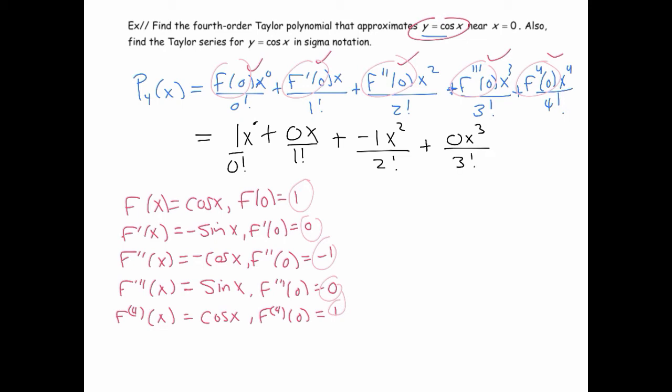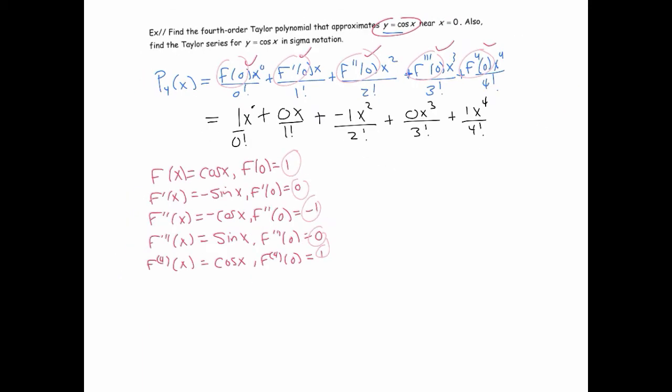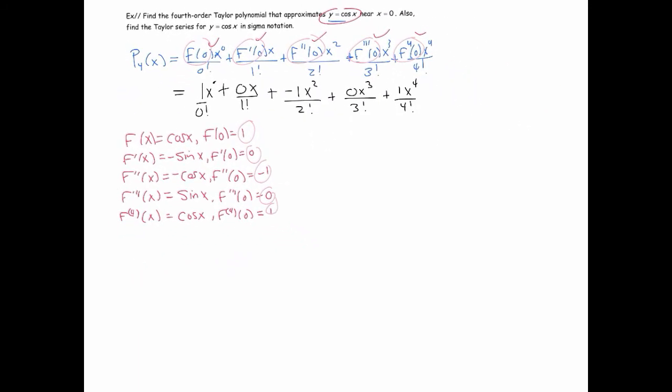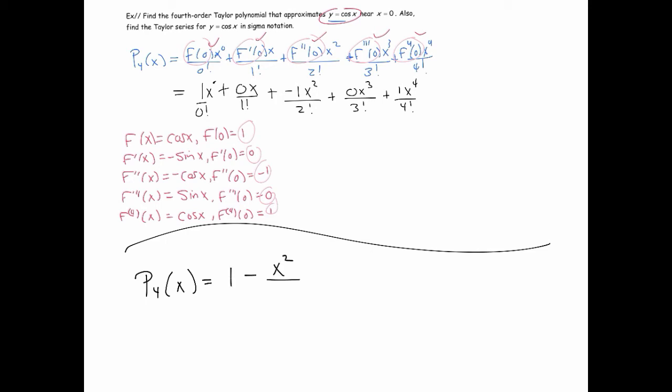And the fourth derivative at 0 is 1. So when you simplify everything, you end up getting, in the end, that the fourth degree Taylor polynomial for cosine is just going to be 1 minus x squared over 2 factorial plus x to the fourth over 4 factorial.